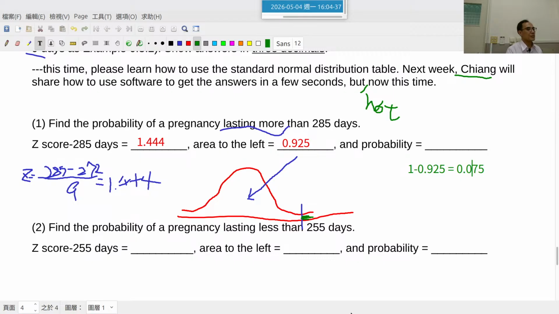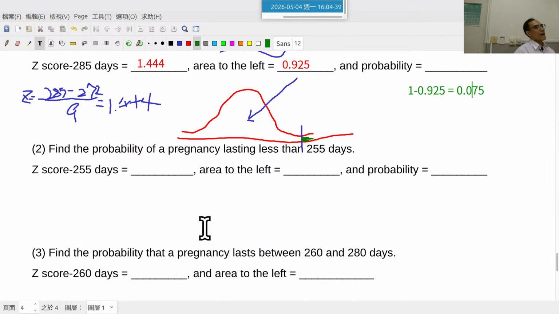Okay, the second question. Find the probability of pregnancy lasting less than 255. So you see, I'm so kind, I'm so nice. First, I ask you to calculate the z-score of 255 days.